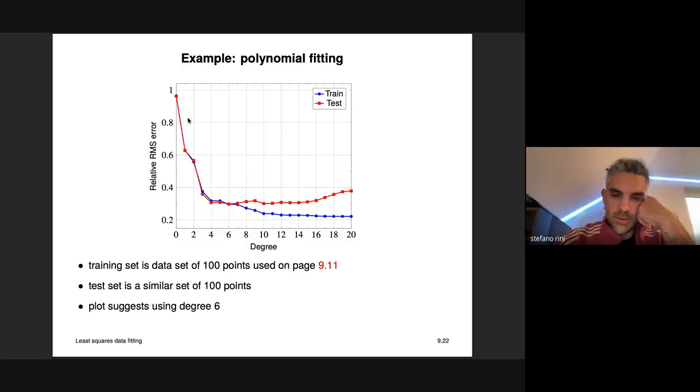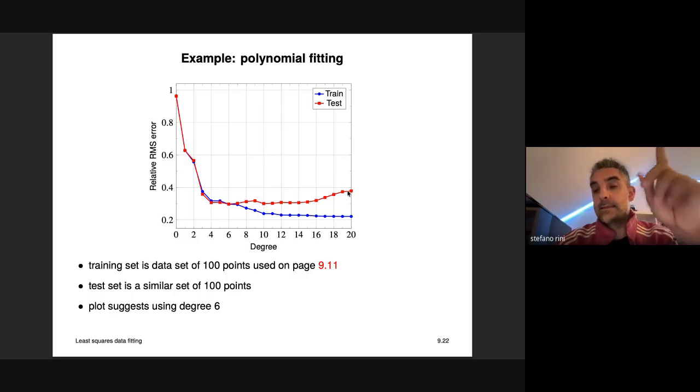And so this is the classical plot that you want to see. As the number of parameters increases, in this case D, the training error always goes down, but the test error has a sweet spot, right? So you see here that this is the sweet spot, and if we increase the number of parameters, then the error on the test data is actually increasing. So you're always looking for this point.